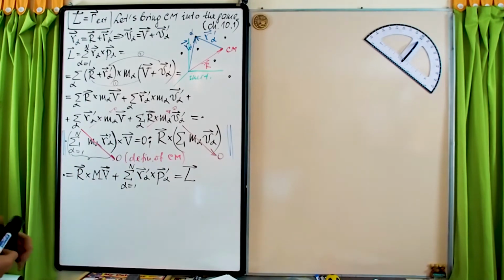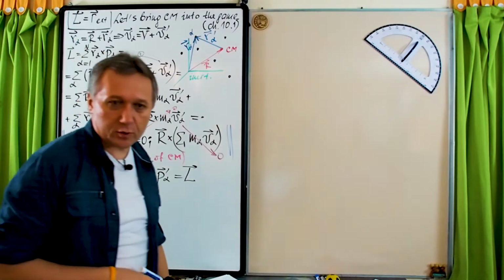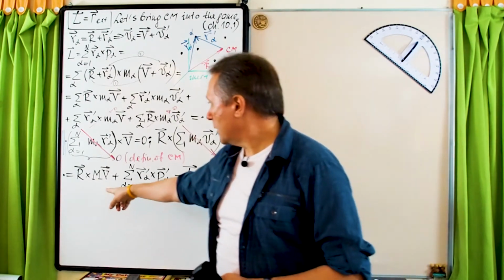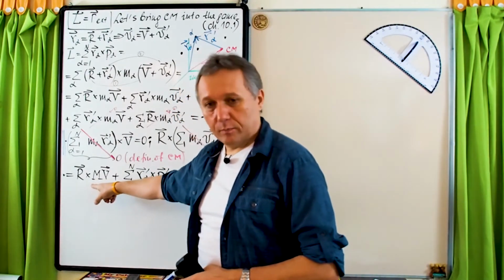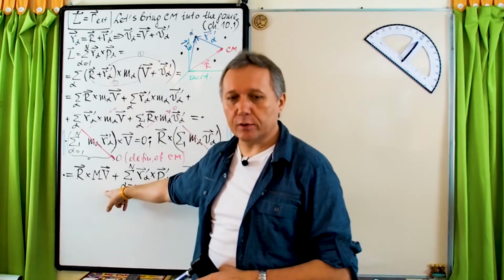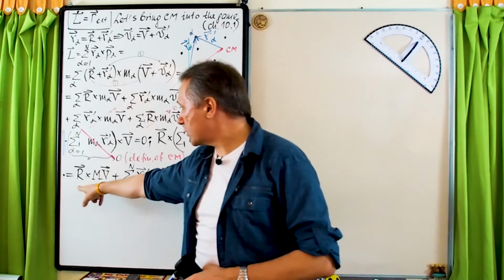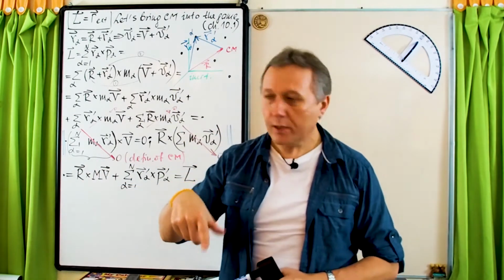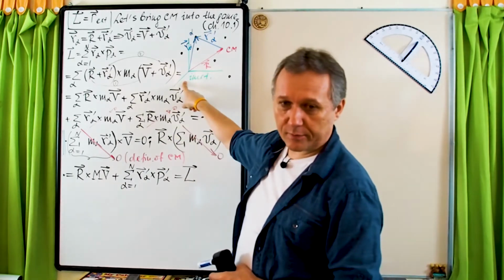So once we introduce the center of mass into the game, now we have two terms. The first one, what is that? It's the fake particle with the total mass, position of the center of mass, moves with the velocity of the center of mass, crossed with R, so we're getting the angular momentum of the center of mass point relative to the inertial reference frame.